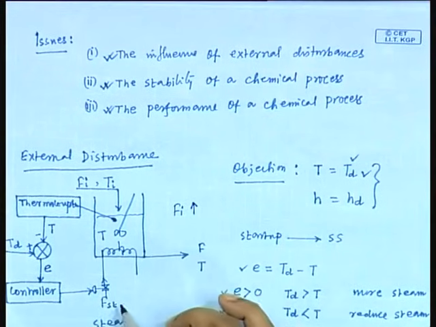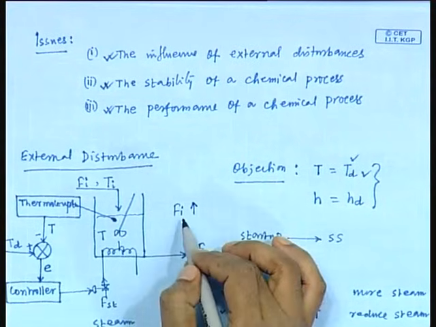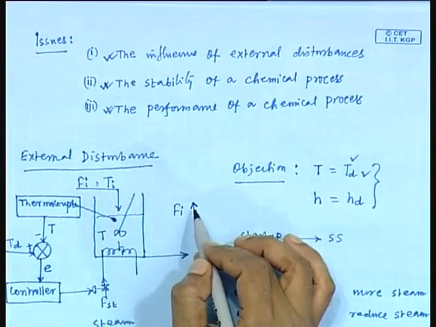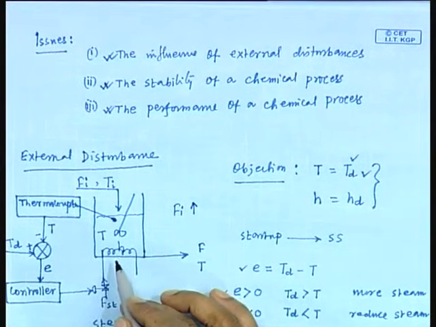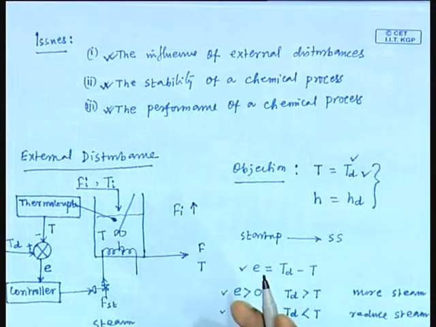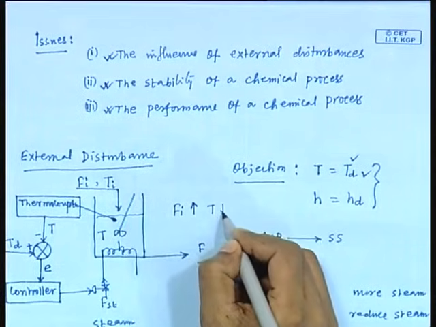Now, there is no change of the inlet steam flow rate, the only change is in Fi. If Fi increases and Fst remains the same, then what happens? Does the temperature increase or decrease? The temperature decreases.